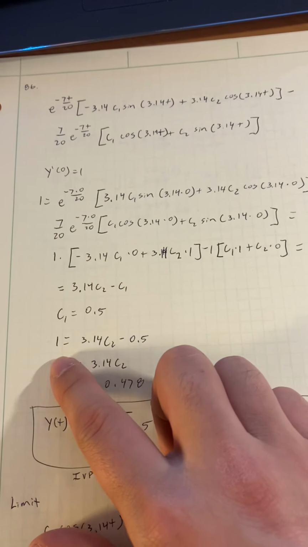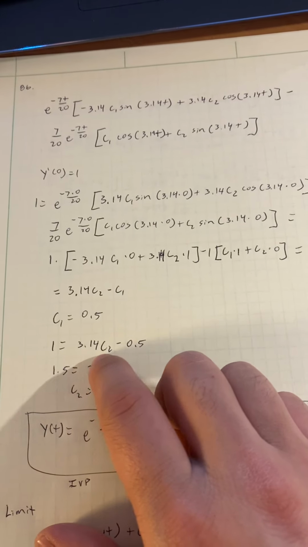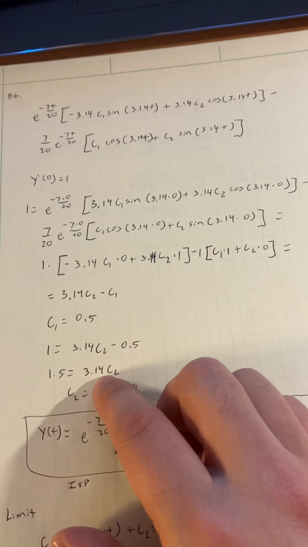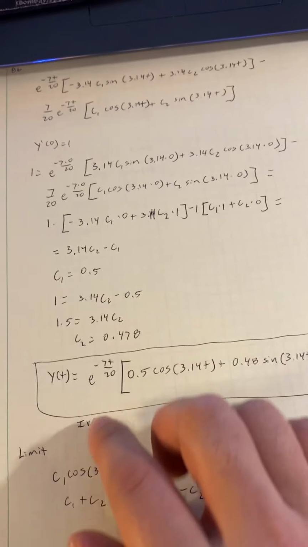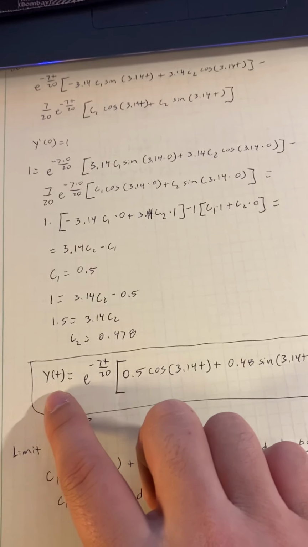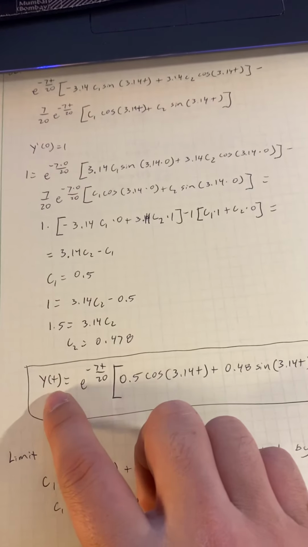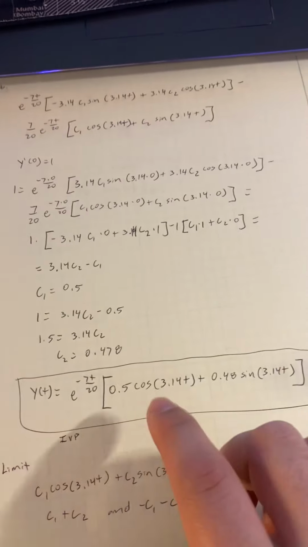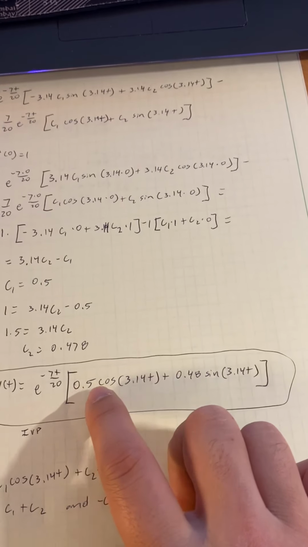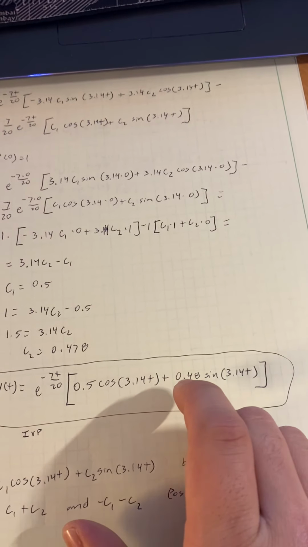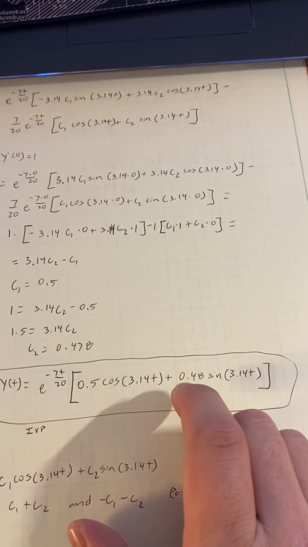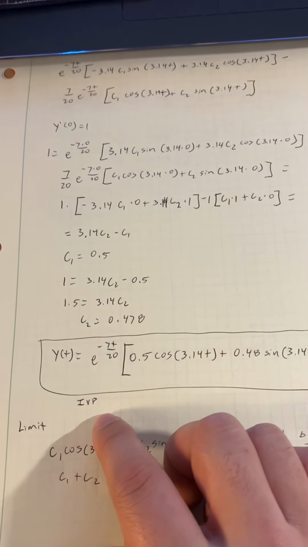As you can see right here, 1 is equal to 3.14 C2 minus 0.5. Solving for C2 gives 0.478. Now we're going to rewrite the whole equation, plugging in C1 and C2. y of t is equal to e to the negative 7t over 20, brackets, 0.5 cosine 3.14t plus 0.48 sine 3.14t, brackets. And that's the solution to our initial value problem.